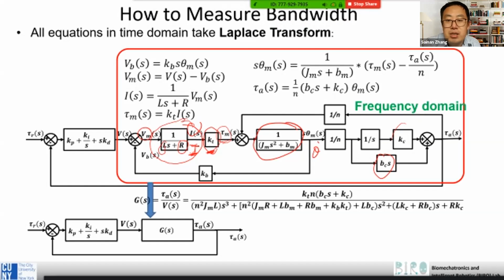And after this, in this block diagram, there is basically the gear, as I mentioned, right? This gear will reduce the speed and amplify the torque, right? So that's what it does here. And for this block diagram, we can measure. So basically, we convert: this is theta, and this theta dot is divided by n here, right?